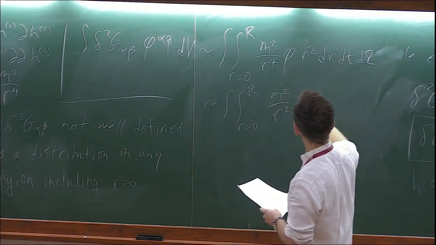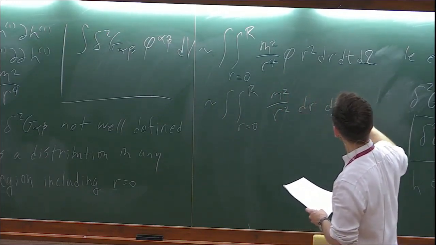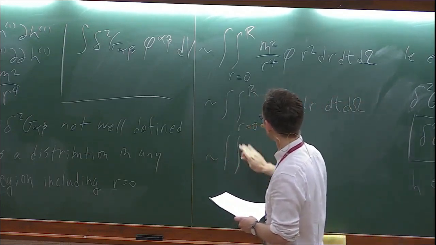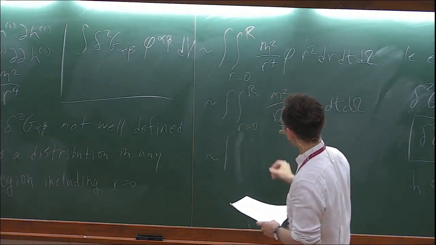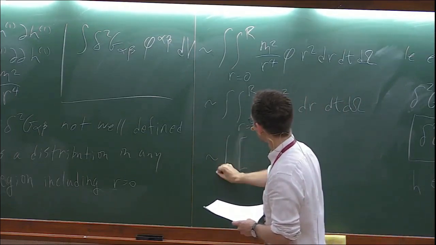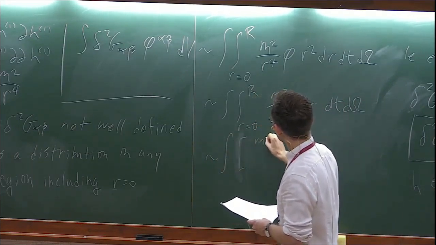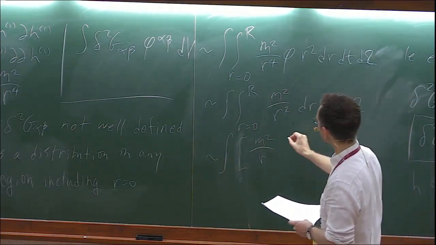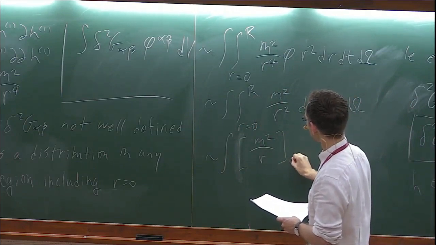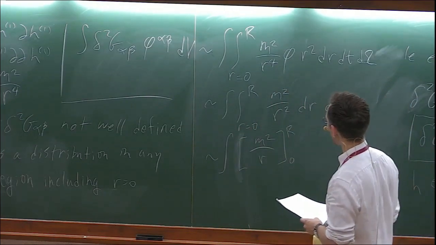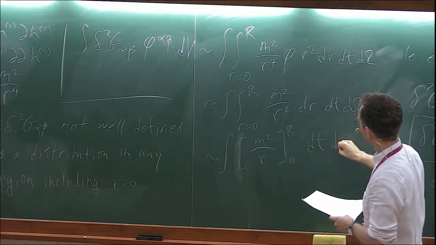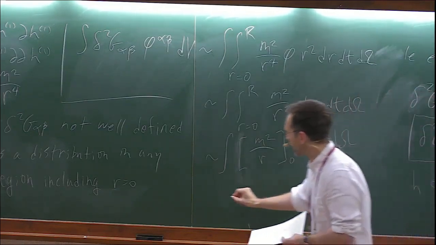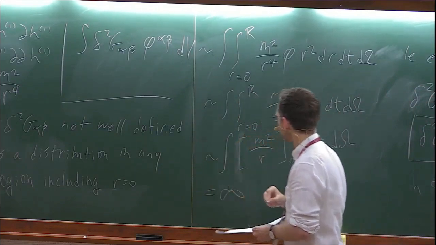So you have 1 over r squared. And you integrate this over r. And you get m squared over r, evaluated between 0 and capital R. And you see, this is infinity.